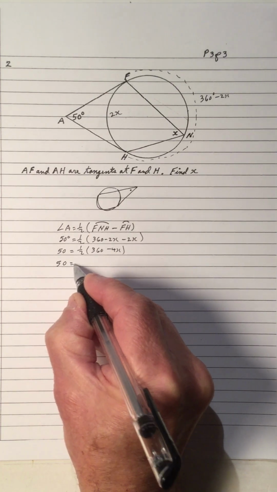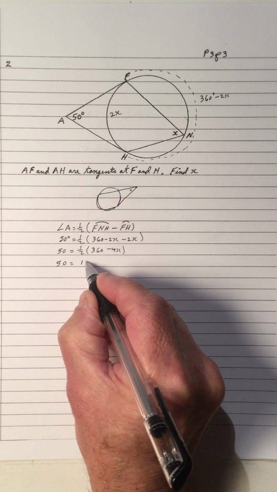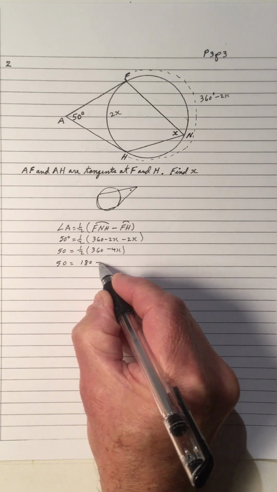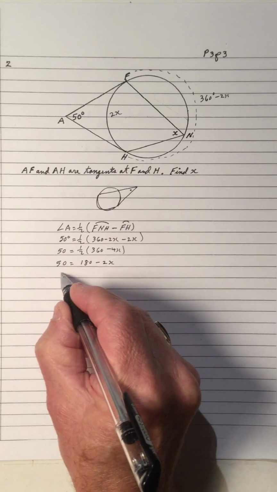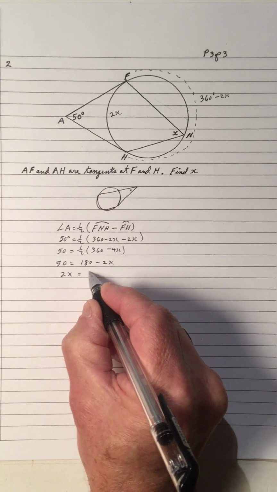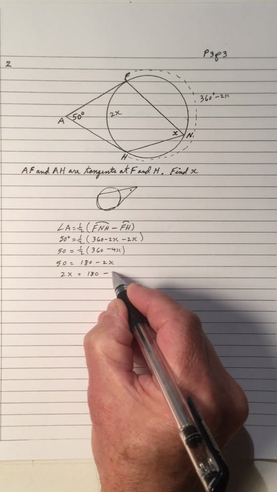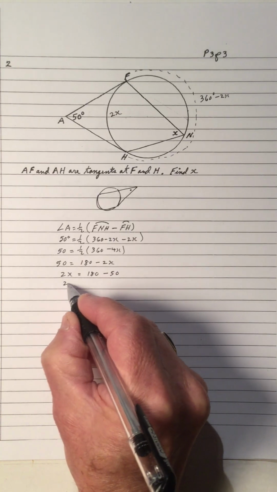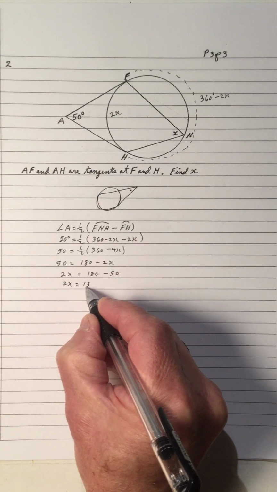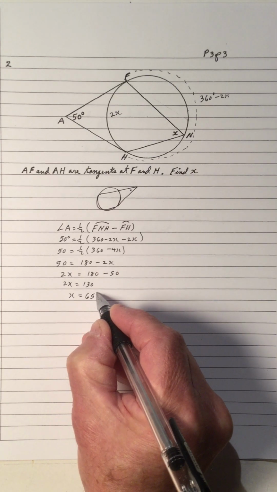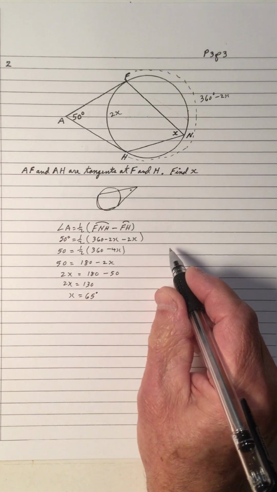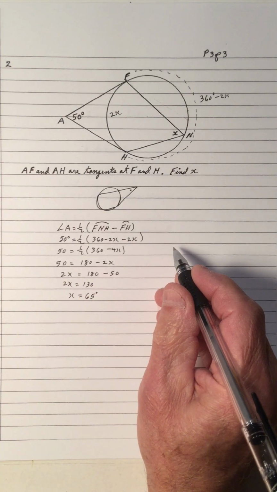So 50 equals half of 360, which is 180, and half of negative 4x is negative 2x. So 2x moved to the left, 50 to the right: 2x is 130, x is 65. They're degrees, so I didn't have to put degrees all the way through. So x is 65 degrees.